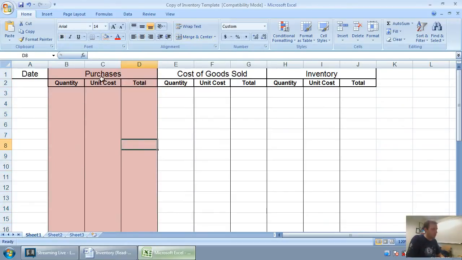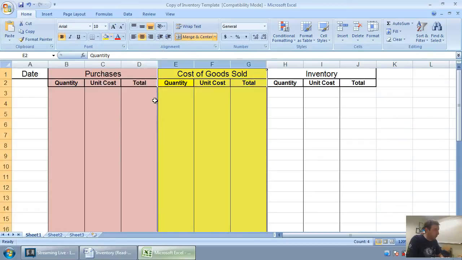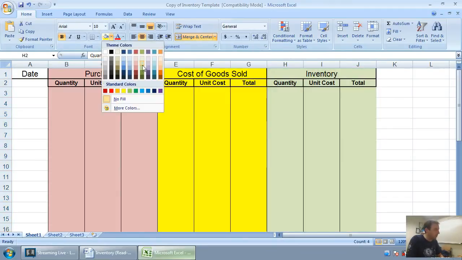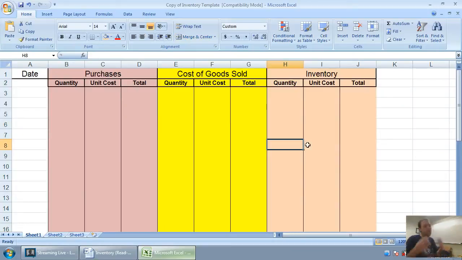The section I've just highlighted in red is going to keep track of our purchases of inventory. The section I'm going to highlight here in yellow keeps track of any sales we make, and it keeps track of our cost of goods sold. And the final column, perhaps the most important, I'll highlight in orange there, is like a running total of our inventory. So keep track of what's going on in our inventory.